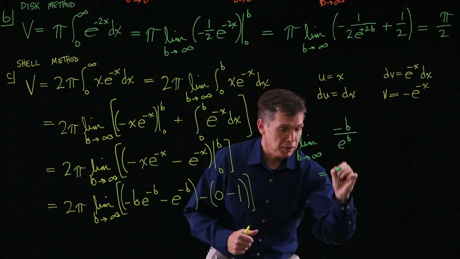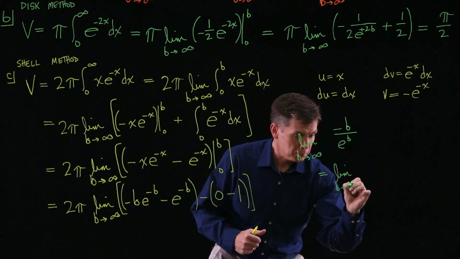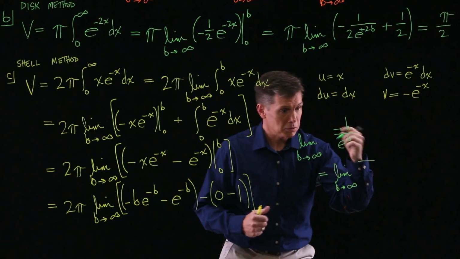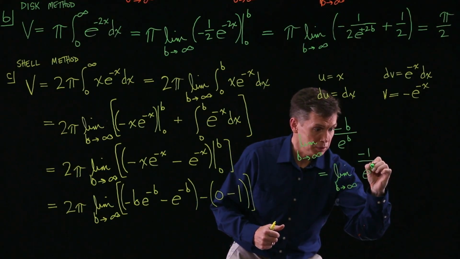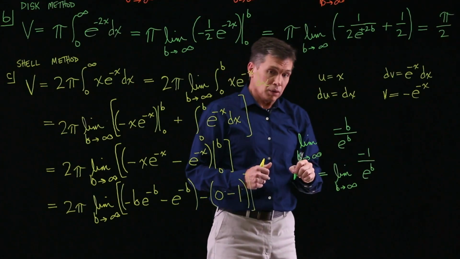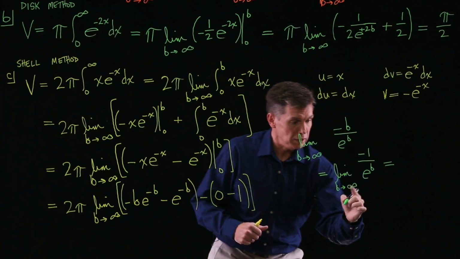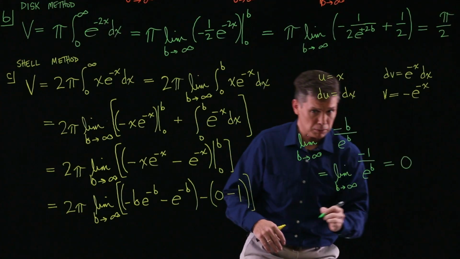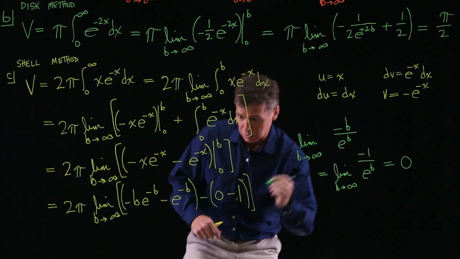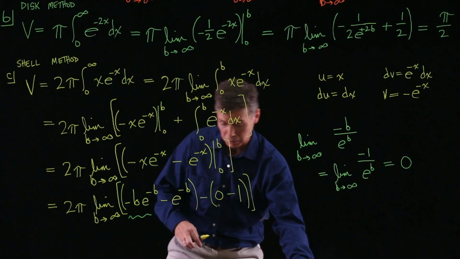I'll do a L'Hopital step now, which is just the derivative of the top over the derivative of the bottom. Derivative of the top is just minus 1. Bottom is e to the b. Okay, now you can do this limit, and you can see that if the denominator is e to an infinity power, the denominator becomes huge. That goes to 0. And that tells me right there that that part's going to be a 0.